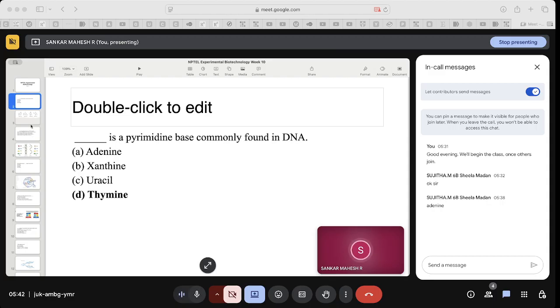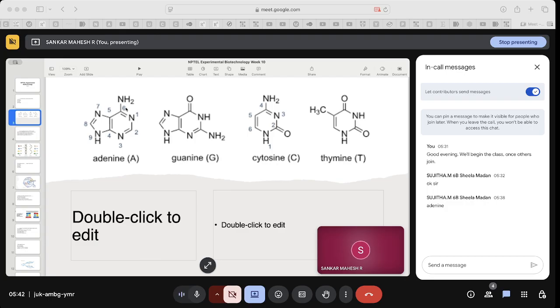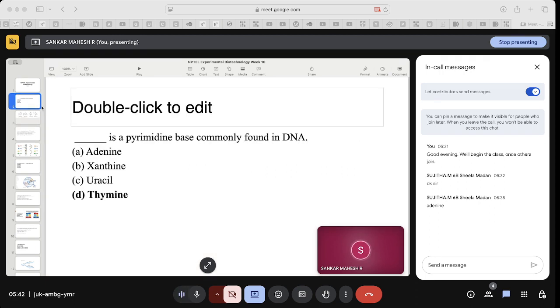It also has this double ring, and this is an intermediate that is present. We don't have xanthine as one of our bases, but it is present in our body. It doesn't form in the DNA. It has some chemical modifications compared to this. Right, right. So that's also incorrect. Fine.